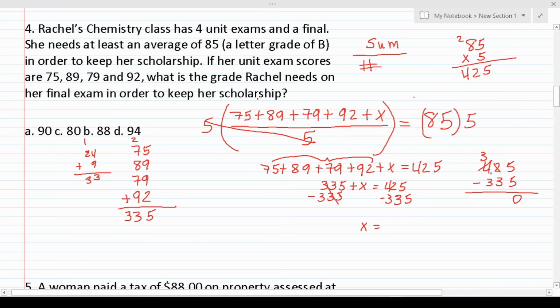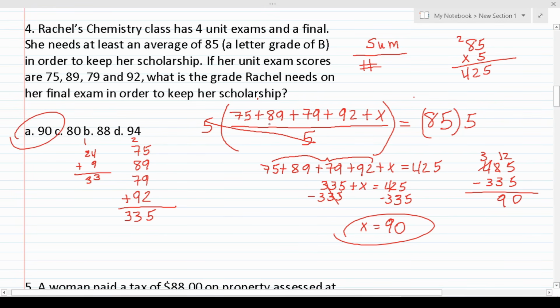This becomes 12. 12 minus 3 is 9, and then 3 minus 3 is 0. So we can see that X represents the grade that she needs on the final to keep an average of 85 to keep her scholarship, and that grade on the final must be a 90, which is A.